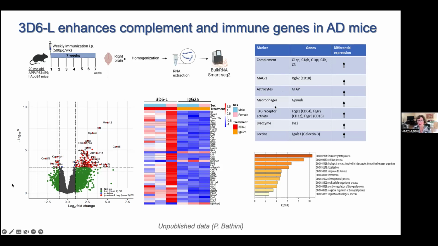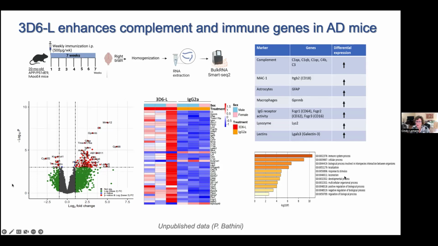Astrocyte marker GFAP is upregulated, also some macrophage markers. IgG receptor activity markers are upregulated. Lysosome, Lyz2, and lectins are also included, including galectin-3. Much of this is immune system processes that are changed, cellular processes.